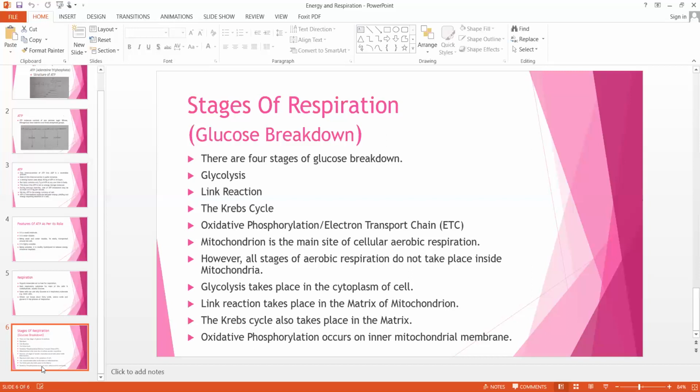The other three steps of aerobic respiration take place inside the mitochondria. The link reaction takes place in the matrix of the mitochondrion. The Krebs cycle also takes place in the matrix. However, oxidative phosphorylation occurs on the inner mitochondrial membrane.